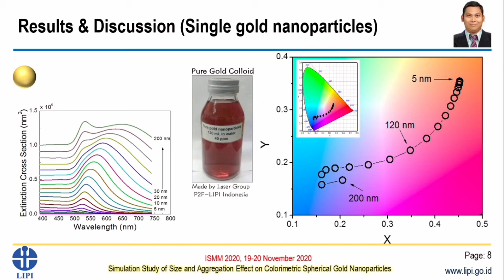We can see that color of monodispersed gold nanoparticle change from red to purple to blue when the size of gold changes from small to medium to big. The middle photo is real appearance of 30 nanometer gold nanoparticle that we synthesize using laser ablation technique. This color change agrees with some experimental results.